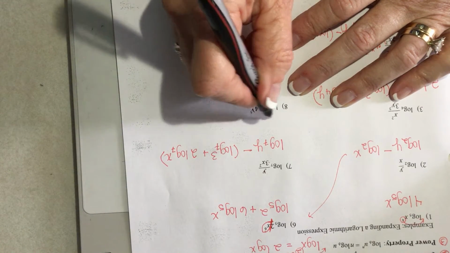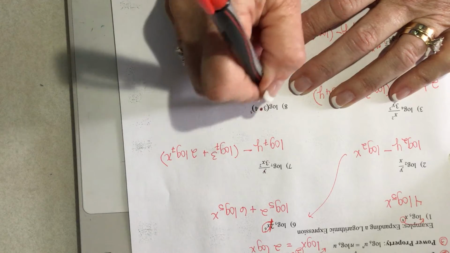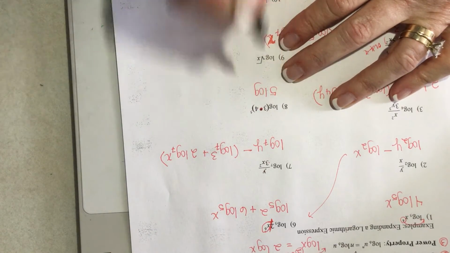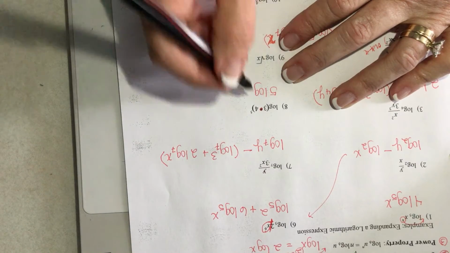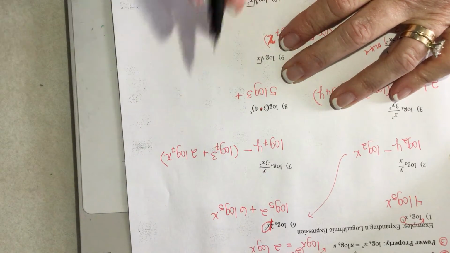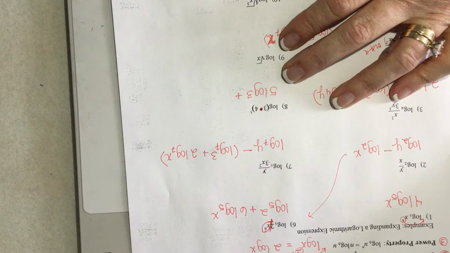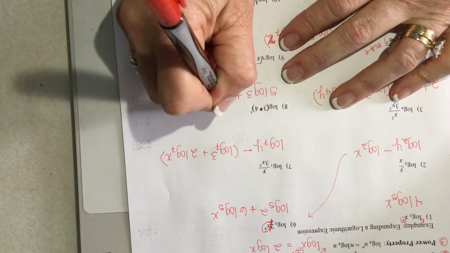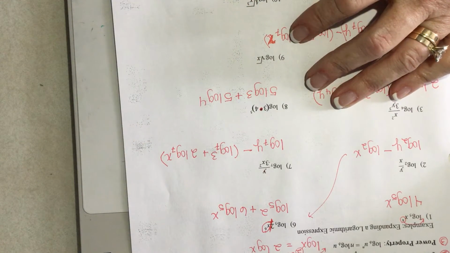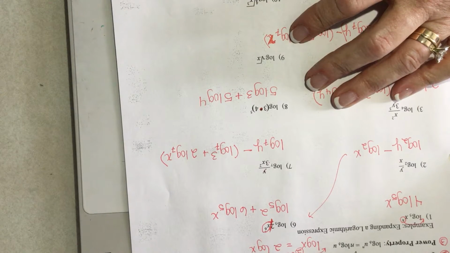So this 5 is an exponent to that 3 as well, so I'm going to say 5. Then it's a common log. There's no base, so we assume that to be 10. 5 times log 3, multiplication means addition, plus. The 4 gets the 5 as well. So that's 5 times log 4. Okay?